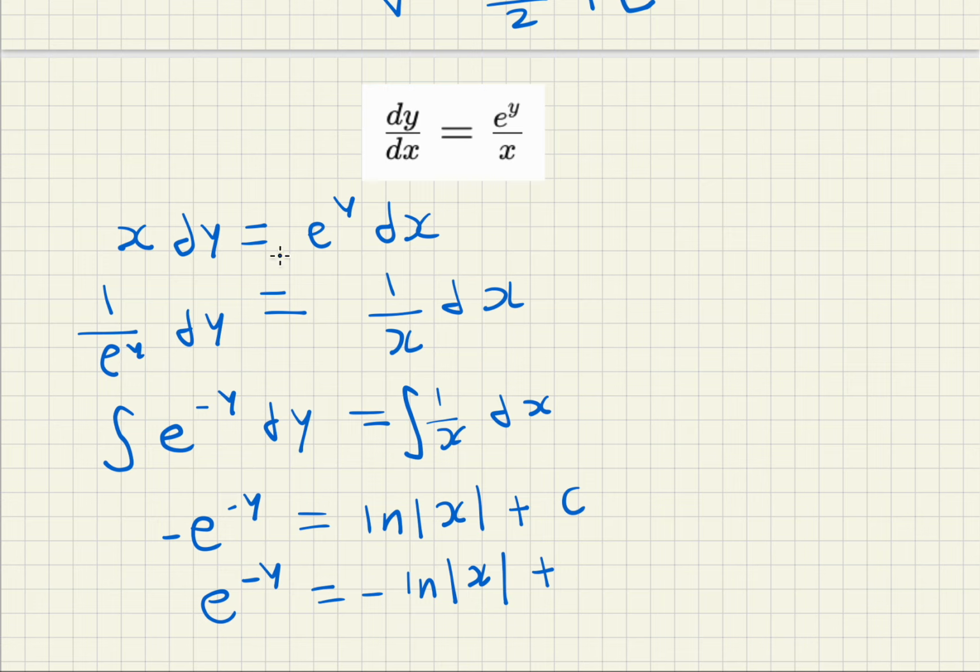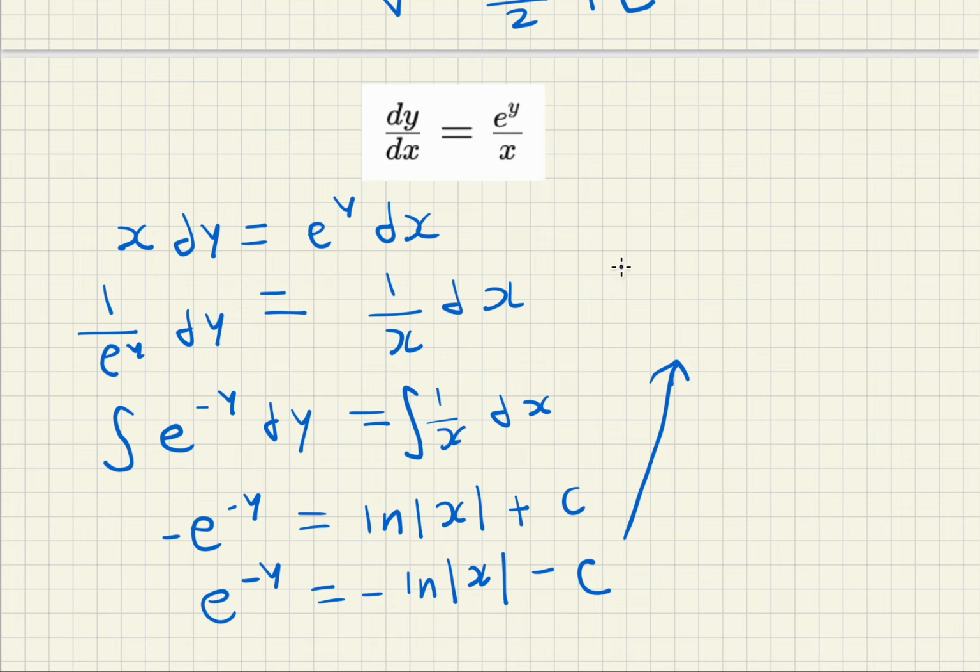Actually, it would be minus c, because we had to multiply negative by both of these terms. So e to the power of negative y equals negative natural log of x minus c. And so now, the natural log of e to the power of negative y would be negative y.